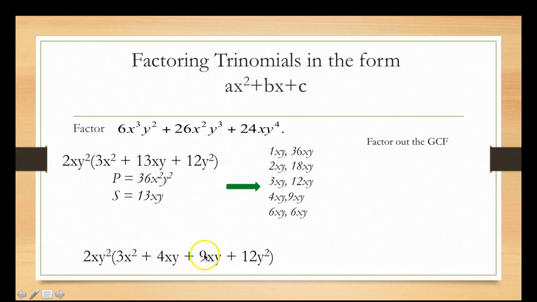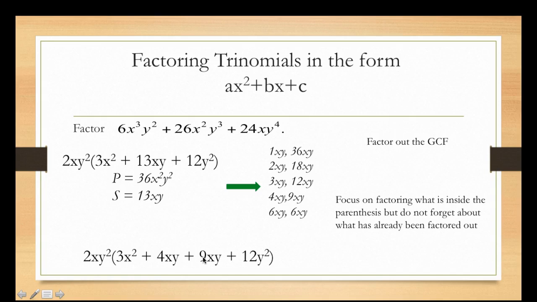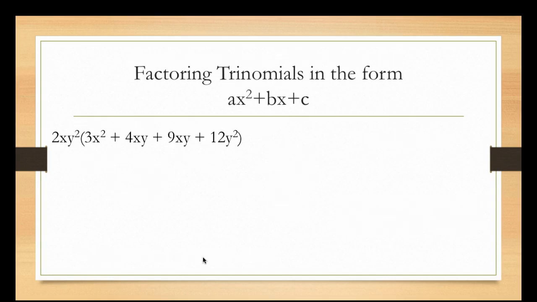And inside my parentheses, I have 4 terms. So I want to factor by grouping. Remember, one of my factors is already this first term out front. Don't forget that. And so to factor by grouping, I want to factor the first 2 terms together.